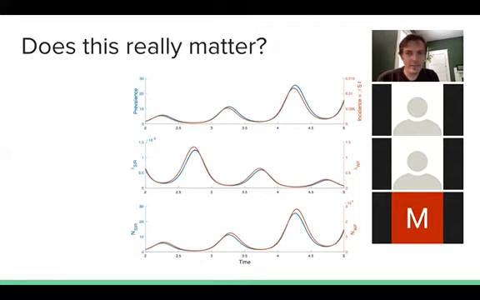And the answer is pretty much no. The reason is that if we look at both prevalence, shown in the blue line on top, and incidence for, say, an SIR model with seasonally fluctuating epidemic dynamics, prevalence and incidence are always going to be highly correlated with one another. These two things track each other.